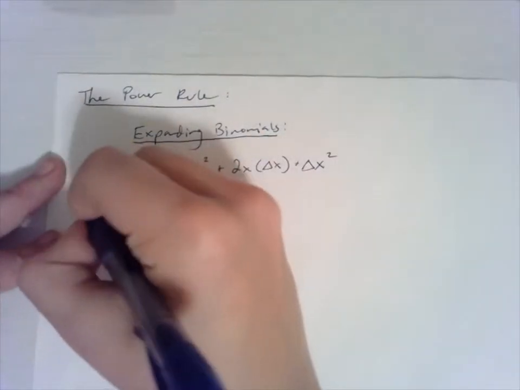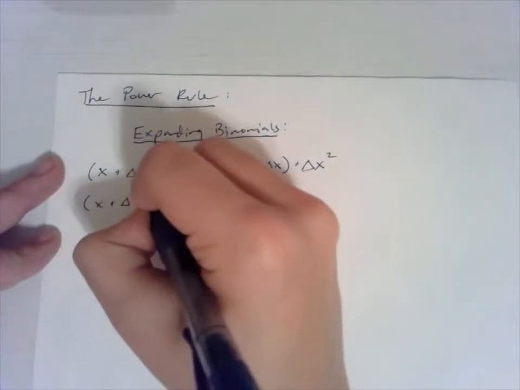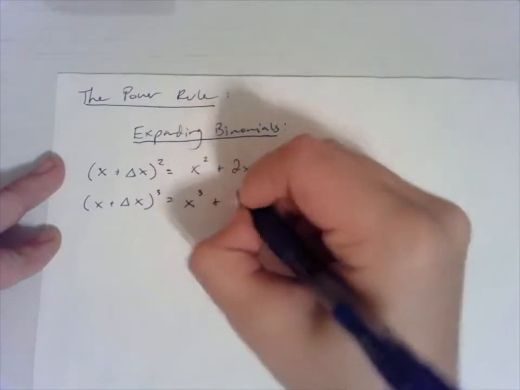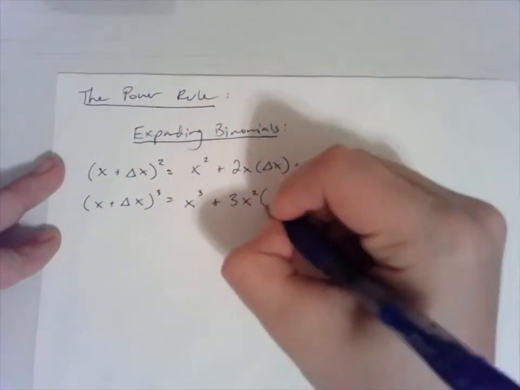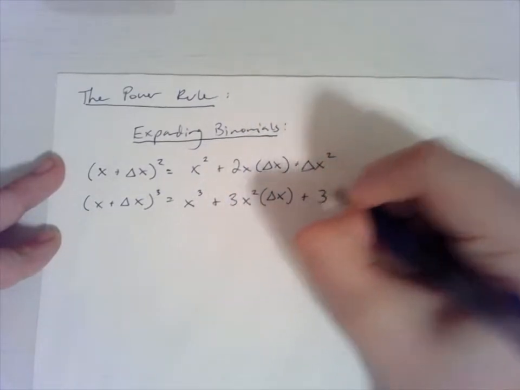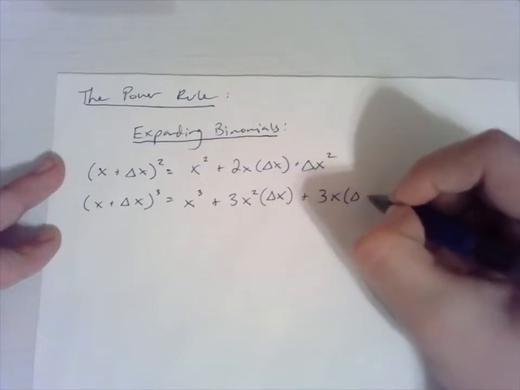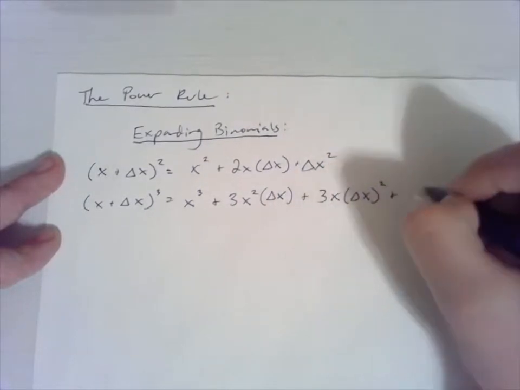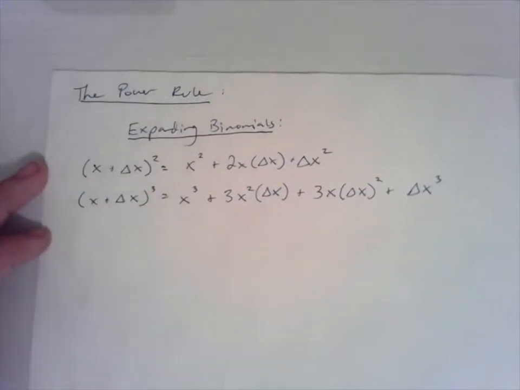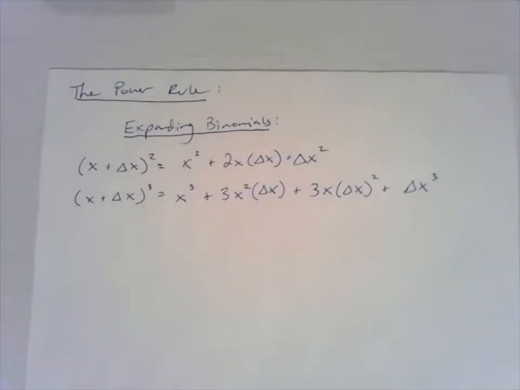If we had x plus change of x cubed, we would get x cubed plus 3x squared times change of x plus 3x times change of x squared plus change of x cubed. And again, I do highly encourage you to watch that Khan Academy video that I gave you a link to if we're not solid with expanding our binomials.